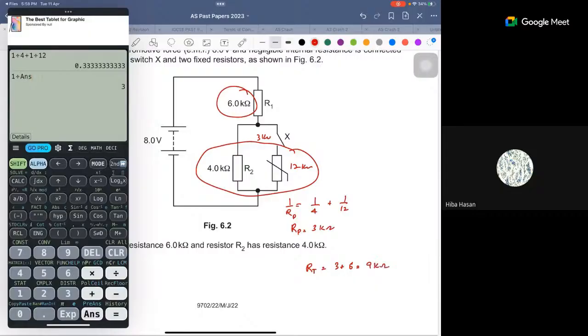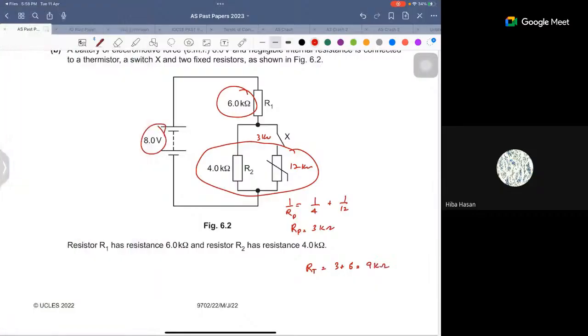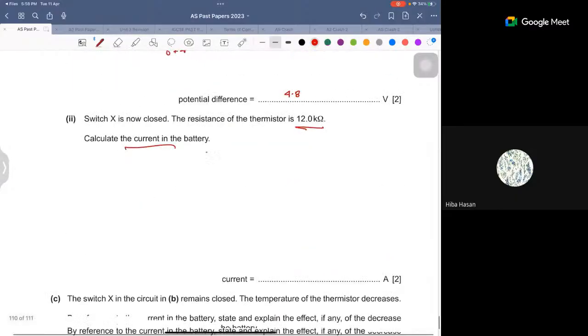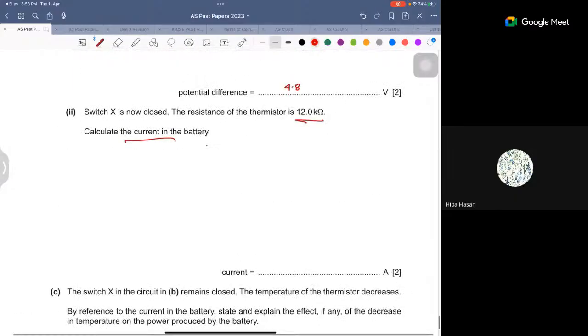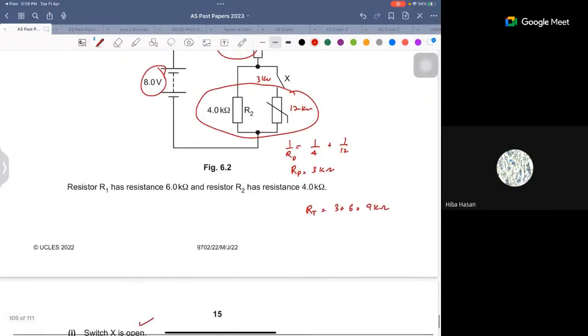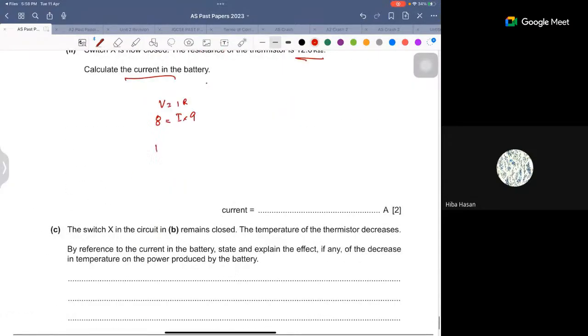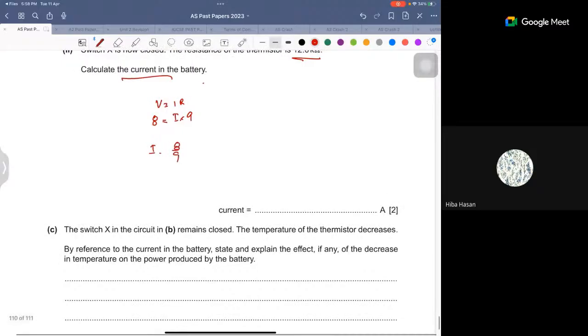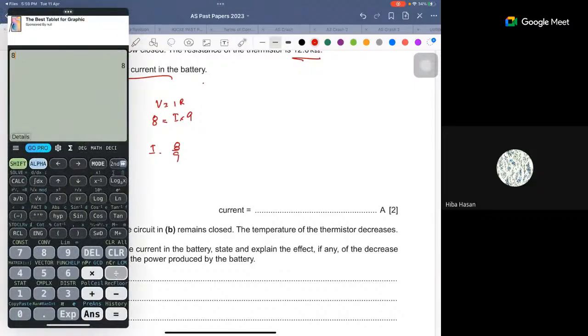You have the total voltage, and now we can find the total current. So V is equal to IR. 8 equals I times, I think it was 9. I don't know. 9, yes. So I will be 8 over 9. 8 divided by 9.